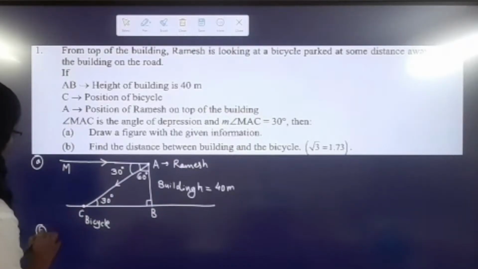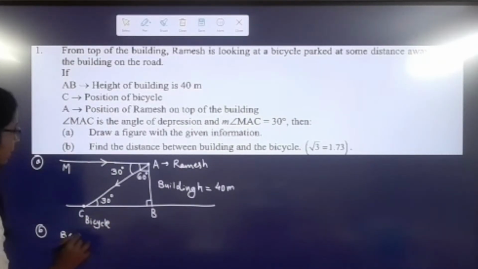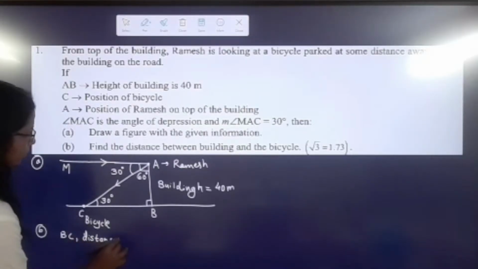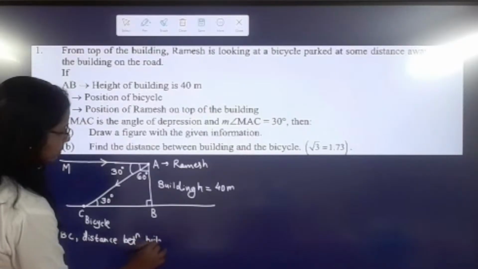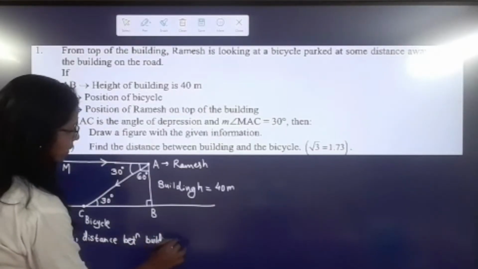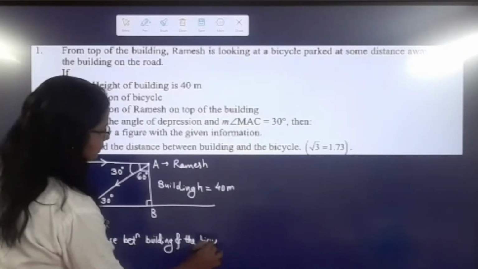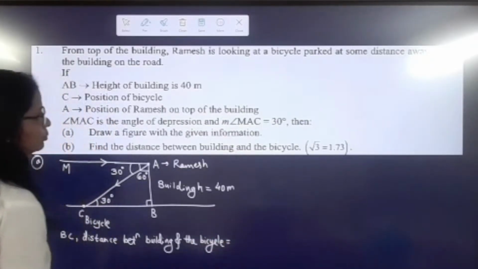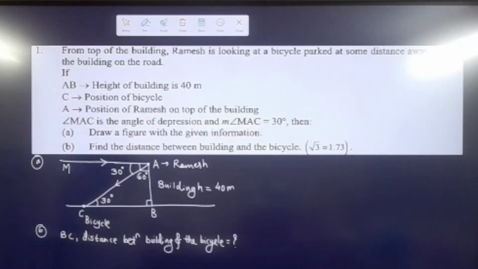So first I write down BC, that is the distance between building and the bicycle, is equal to question mark. Okay, students.